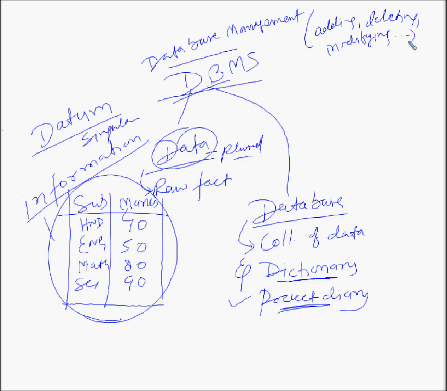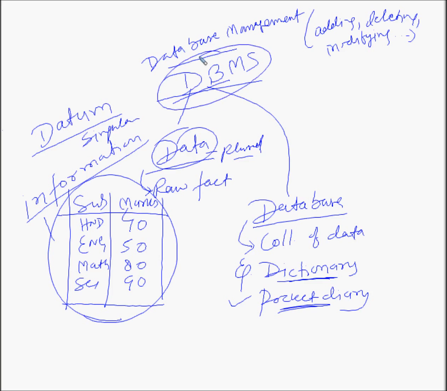Sometimes let us say you have a new piece of data. So what you do? You just add it, right? If you don't want the existing data, you remove, you delete. If you want to just update your existing data, some mistake happens, so you modify it, right? So that all could be the database management. And for that sake, we are having a system, that is a database management system, right?